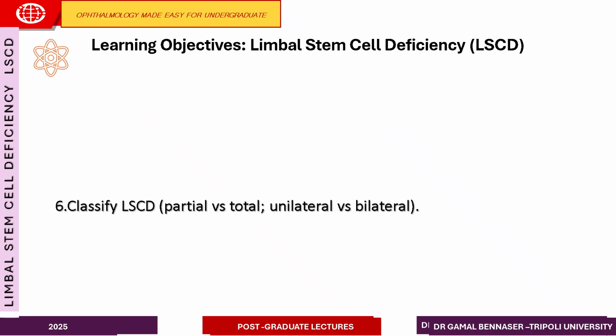So in the next discussion, we will speak about the staging and the grading of limbal stem cell deficiency. There are different levels. However, we will adopt the staging made by the International Limbal Stem Cell Deficiency Working Group.